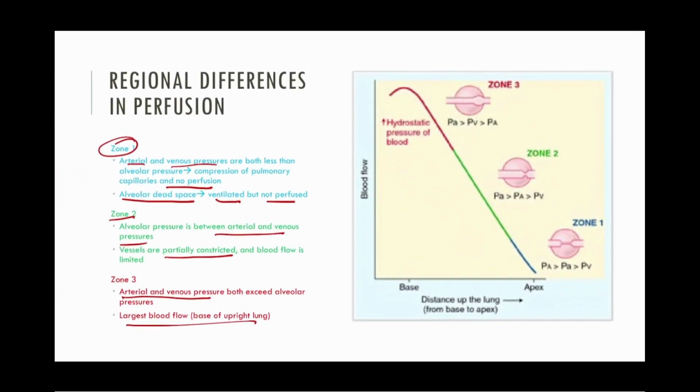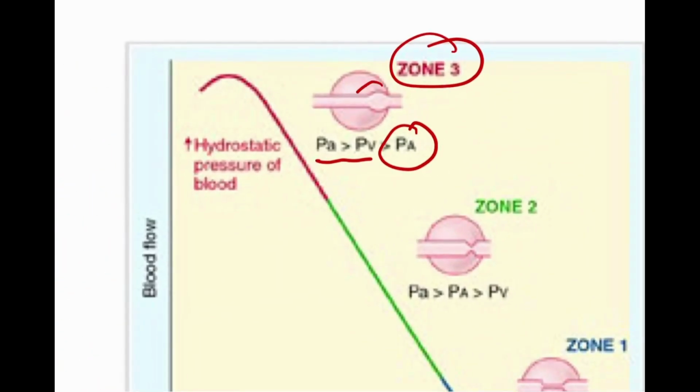So here's zone 3. Zone 3, arterial and venous pressure are both greater than the alveolar pressure, so the vessel stays open. You can see it right there. That vessel stays open. High hydrostatic pressure of the blood. It's so high because it's the base of the lung, which has all the blood sitting in it from gravity.